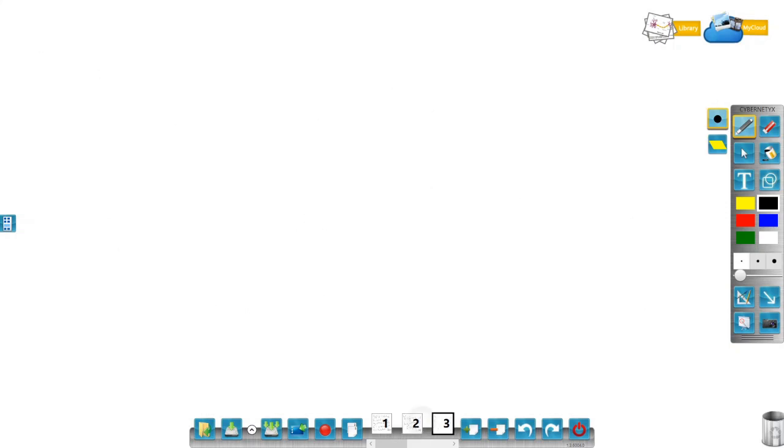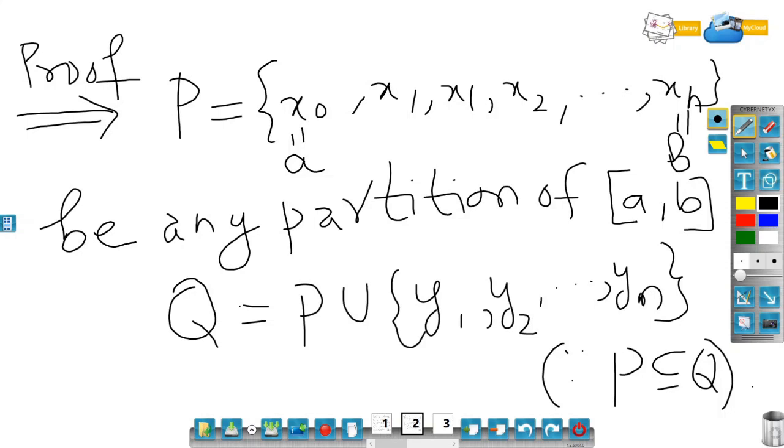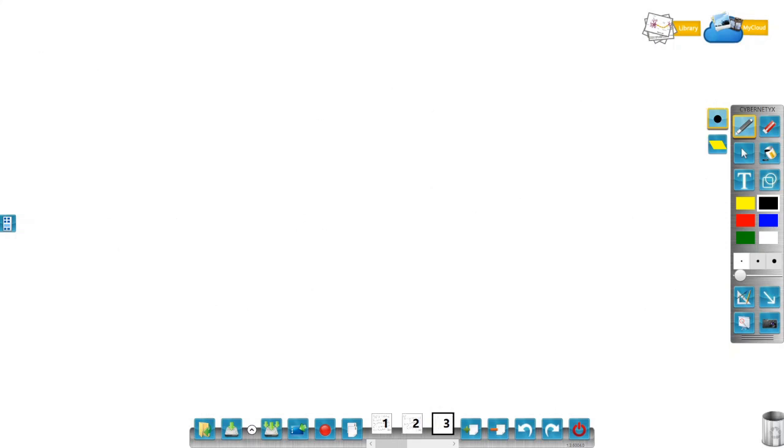Now what do I have to prove? I have to prove that UQF is less than or equal to UPF. So to prove this result, I will consider the case where I just add one extra point in P and see the effect of adding one extra point in P. How does it affect the upper sum?